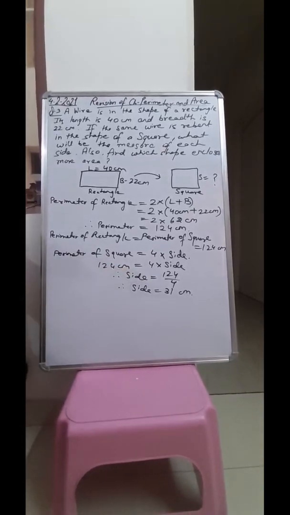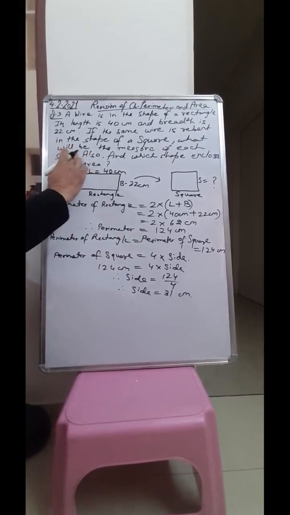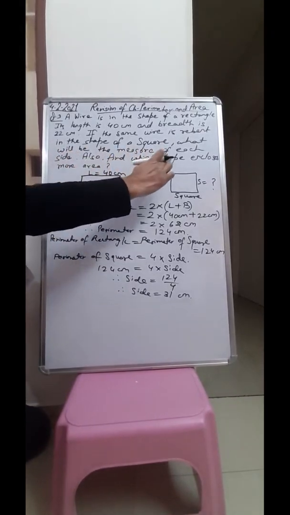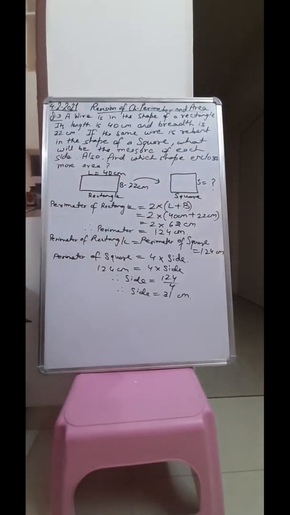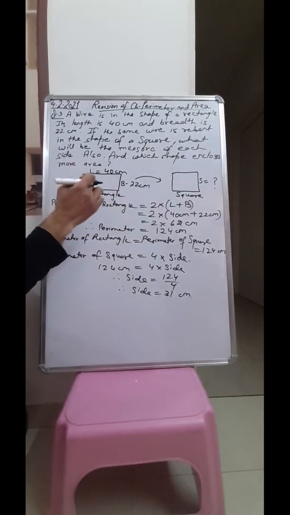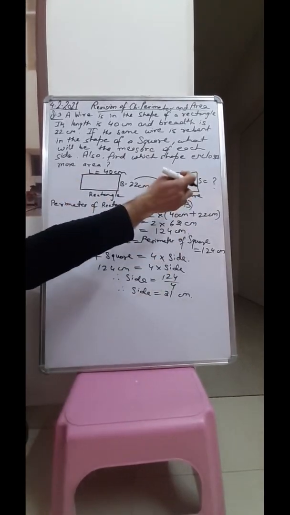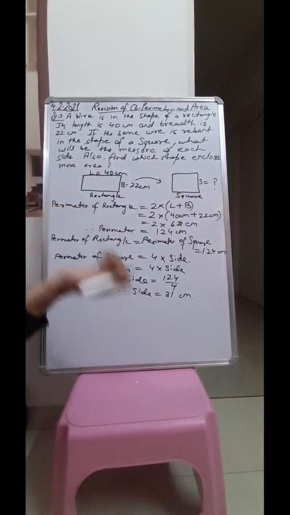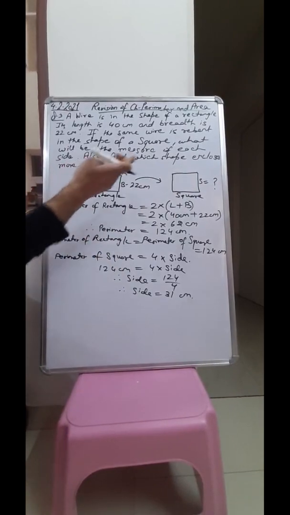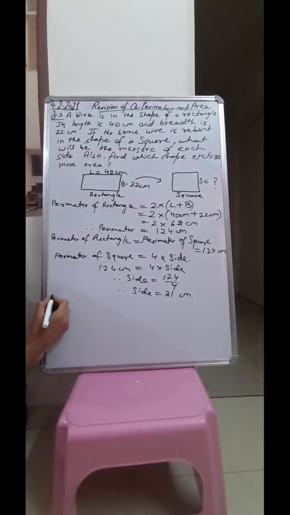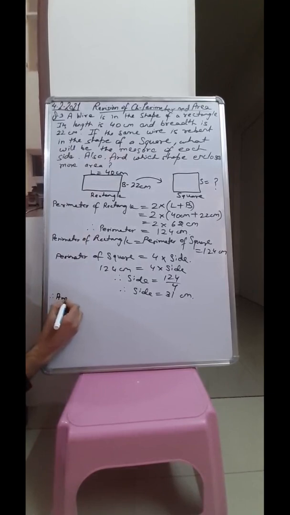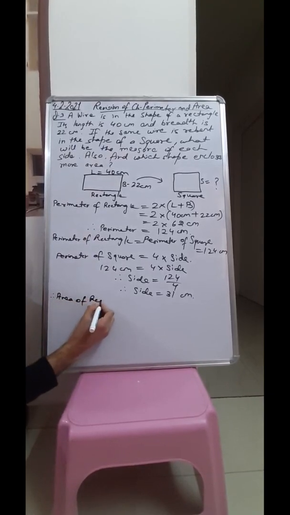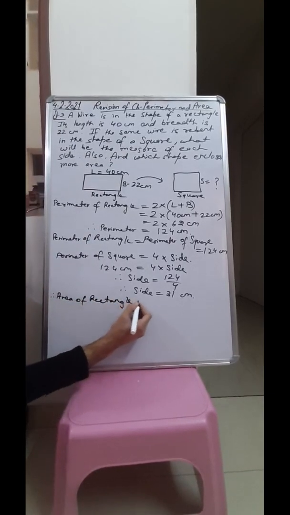After finding the side, now they are asking us to also find which shape encloses more area. That means we have to know the area of the rectangle and also the area of the square. Then only we will know which shape encloses more area. First we find the area of the rectangle.